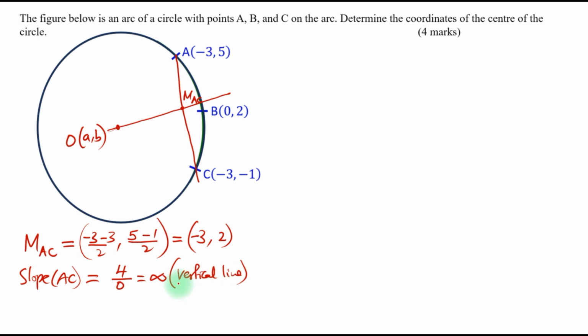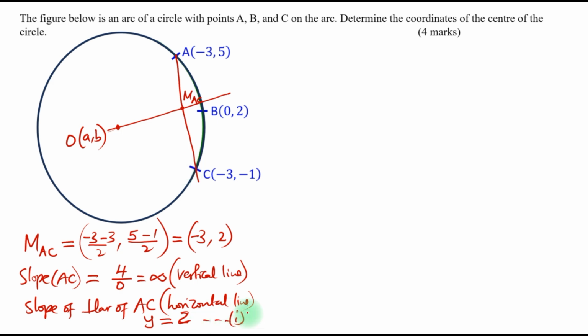And since it is a vertical line whose gradient is undefined, then the perpendicular bisector of AC is a horizontal line, and therefore its equation will be the line y is equal to 2. Remember, this passes through the midpoint of the line segment AC. So that is the equation.